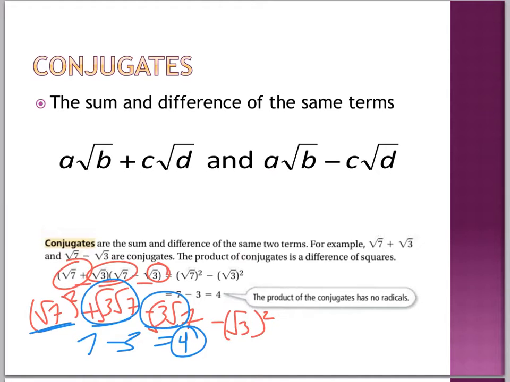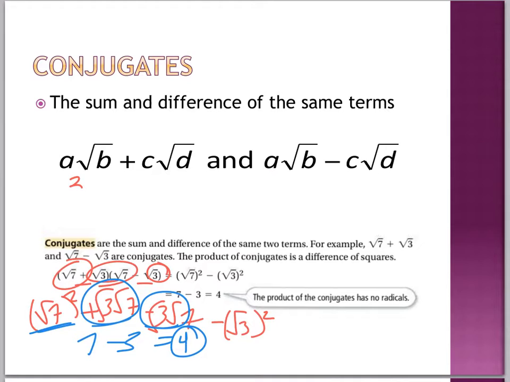And just like we used a well-chosen 1 when we rationalized the denominator in the last section, we're going to use conjugates to help us get rid of radicals in the denominator of an expression. For instance, just going to throw a little more at you here.